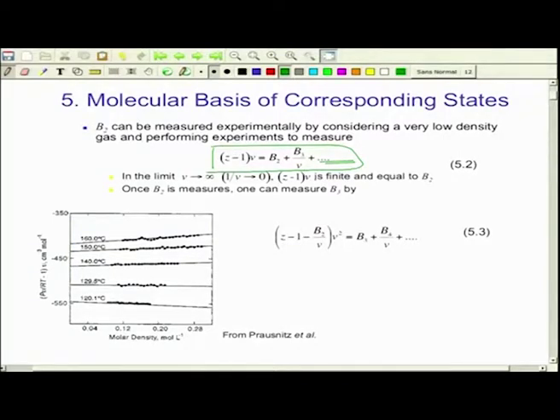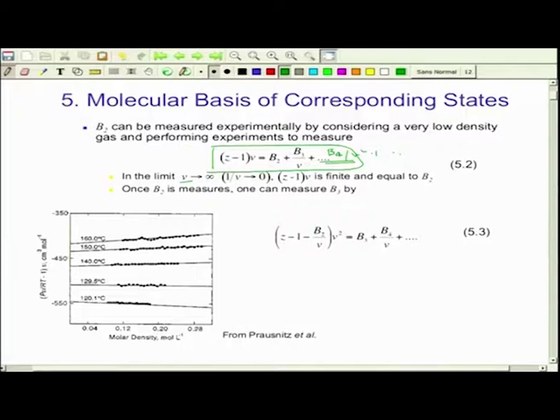The first equation can be rearranged easily, because PV by RT is nothing but Z. So Z minus 1 multiplied by V is B2 plus B3 by V plus B4 by V square and so forth. If you ignore higher order terms, then you can exploit this expression to evaluate B2. How do you do that? By considering the limit of molar volume V going to infinity, where 1 by V goes to 0. That means we are talking about extremely dilute or very low density systems.